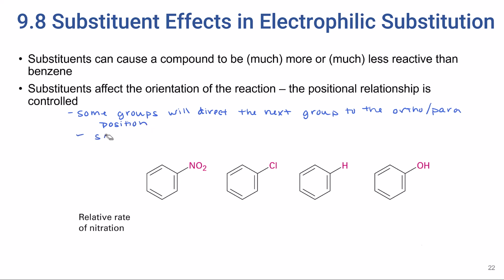And we can also have meta directors. So some groups can direct the next group to the meta position, in relation to the group that's already on the ring. How quickly the reaction occurs can also depend on what is on the ring.